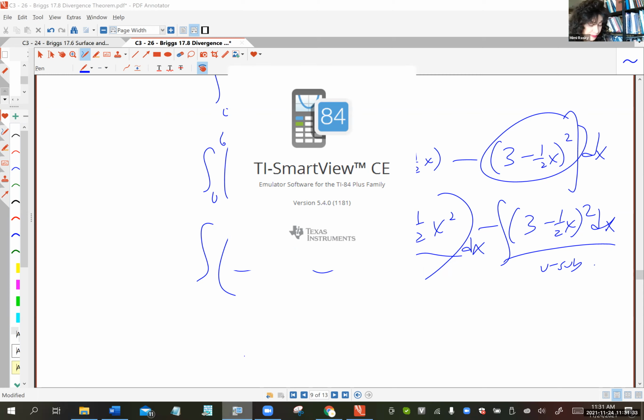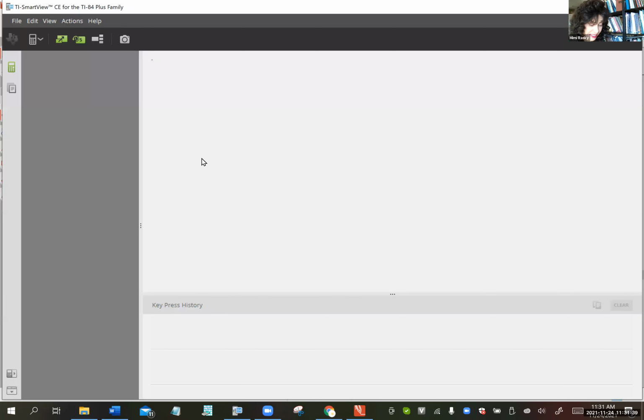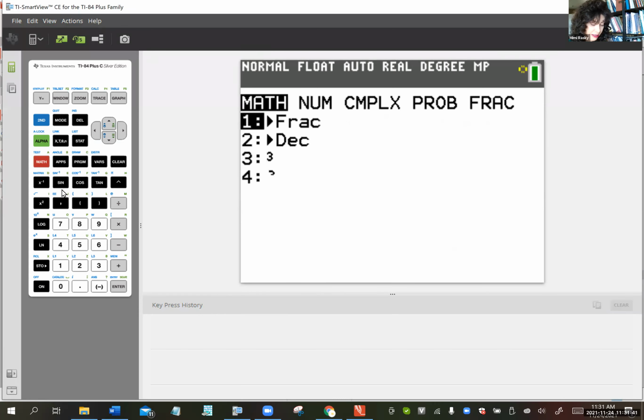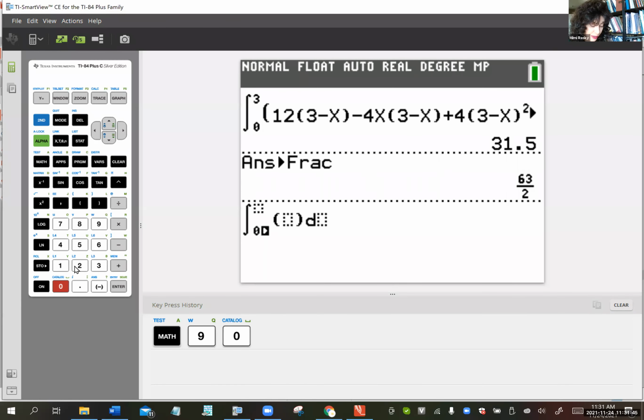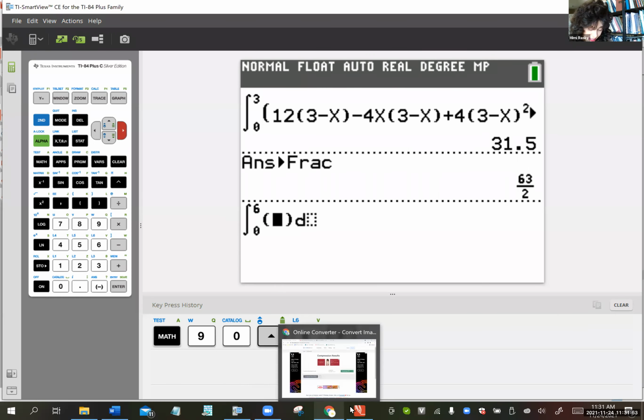But if we go ahead and type this all up into the calculator again, by going to math and then the fnInt, what do we have here? 0 to 6, and then we're going to have this. I didn't write this all down.